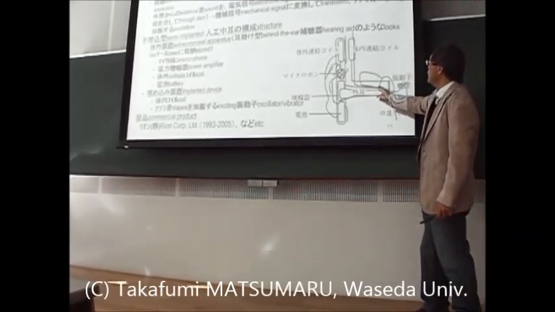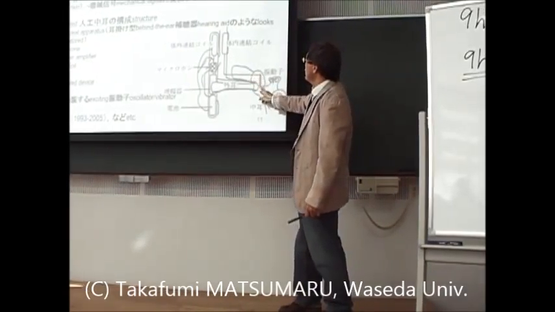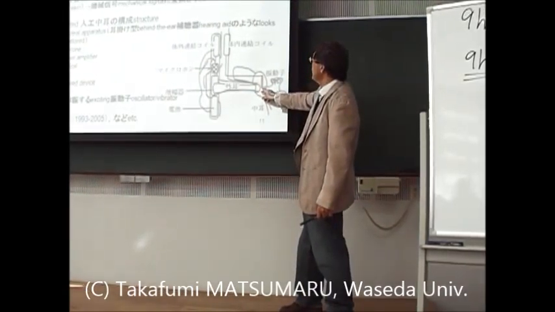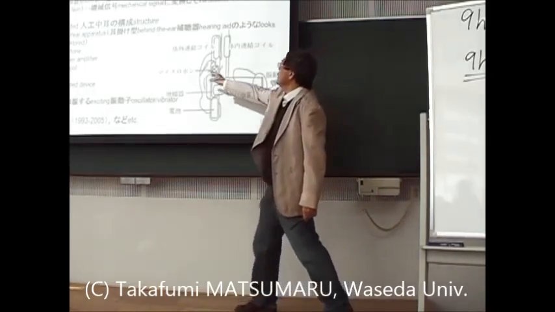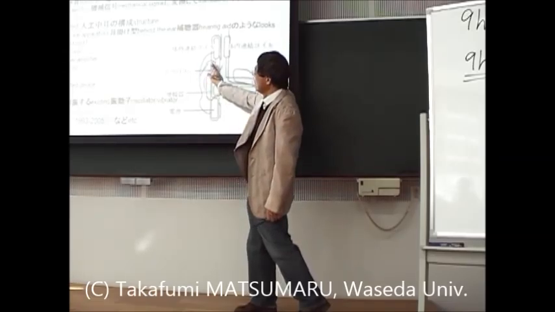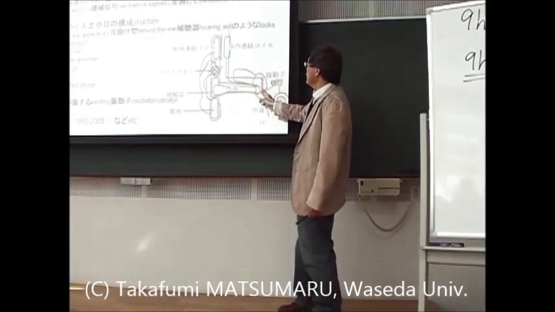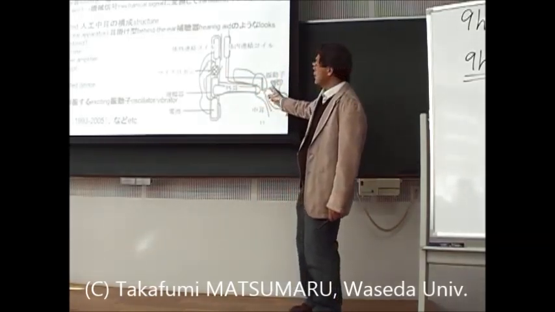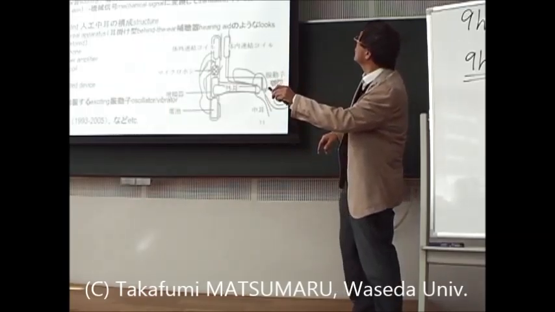So it replaces the eardrum and the 3 ear bones. This vibration cantilever is placed in this part. The microphone receives the auditory signal, and it is changed into mechanical vibration to the cochlea. Okay, this is a middle ear implant.